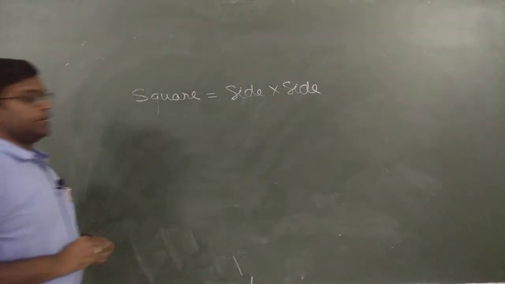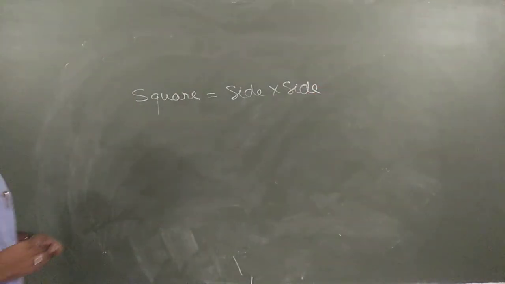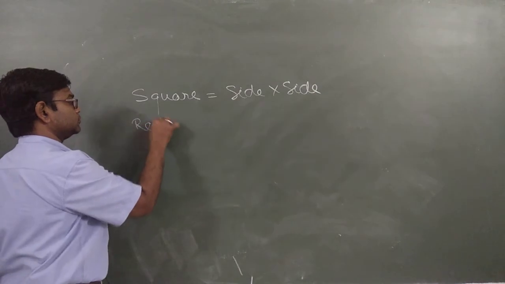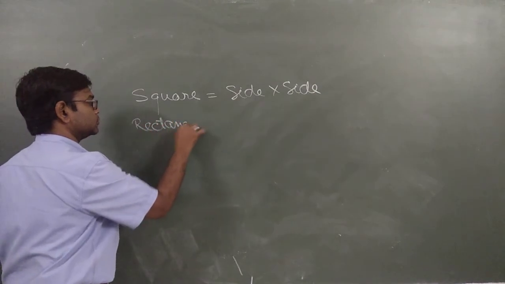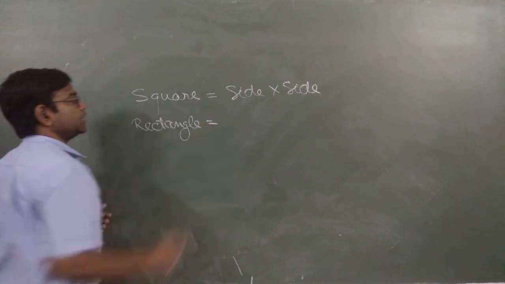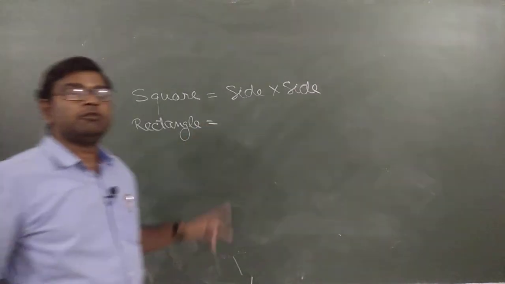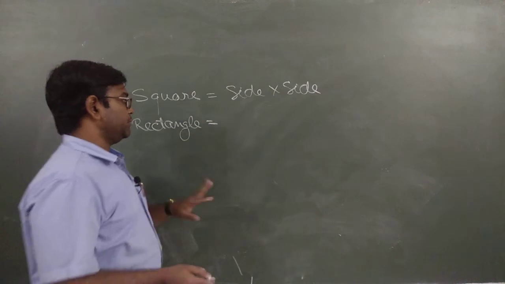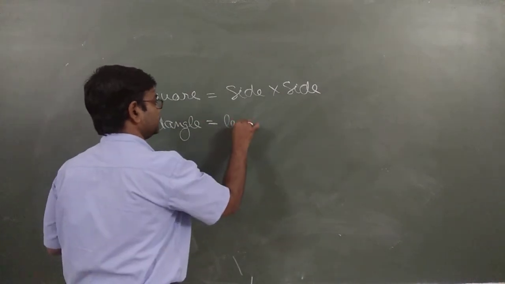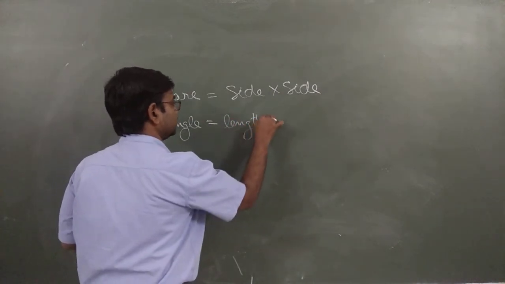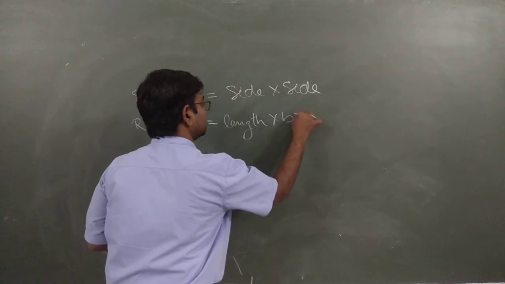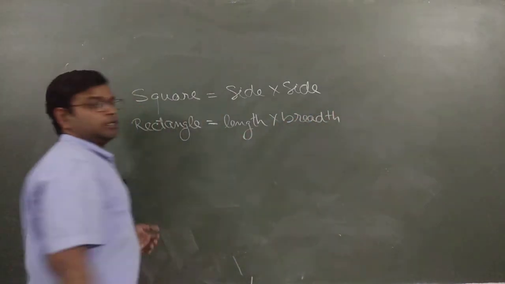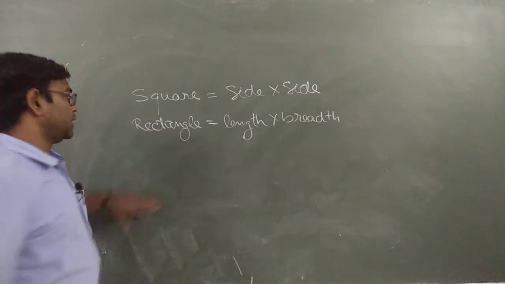Then for a rectangle, for finding the area we need two different length measurements: length into breadth. Always remember, longest is the length and smallest is the breadth in case of a rectangle.